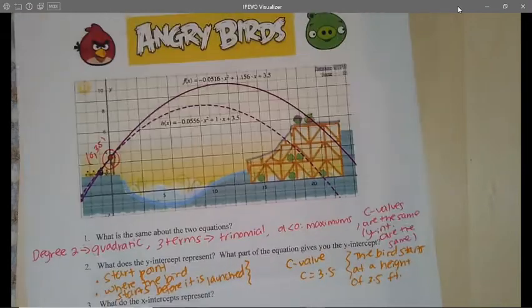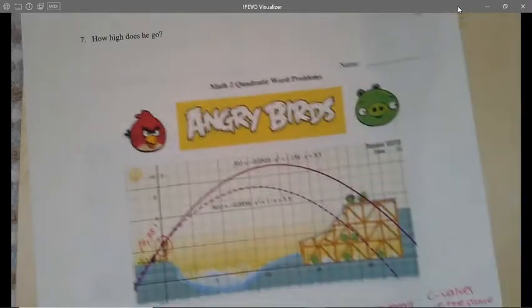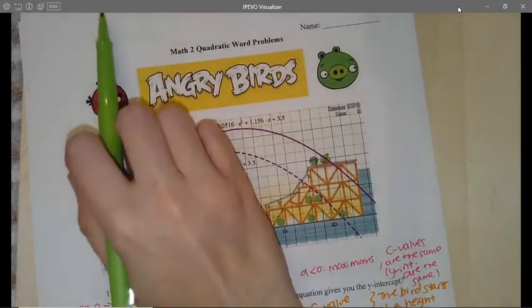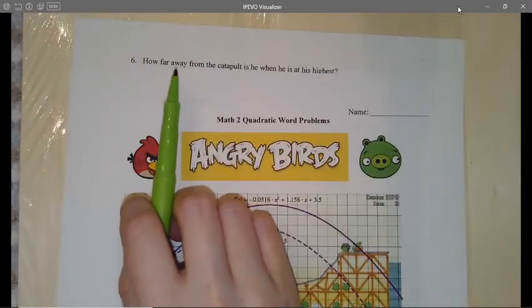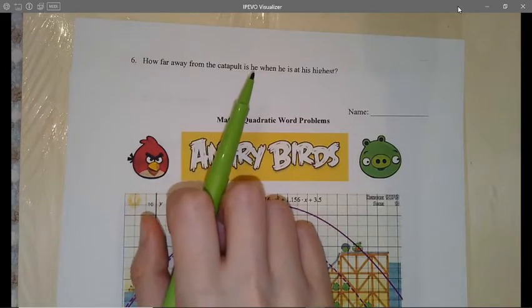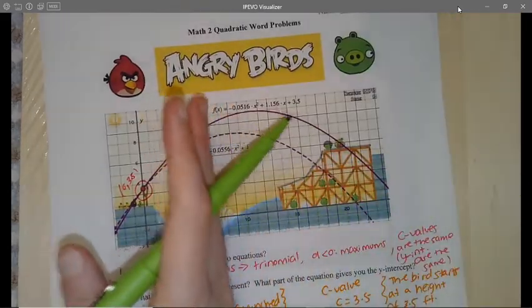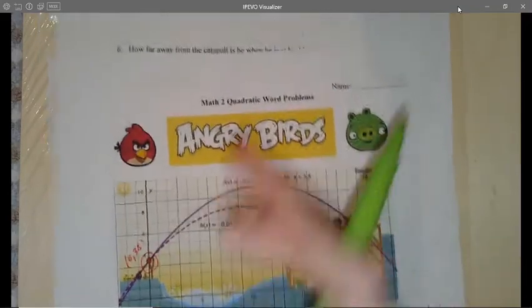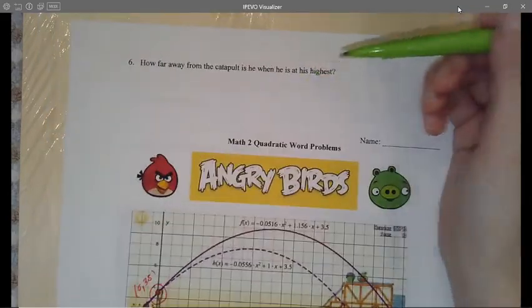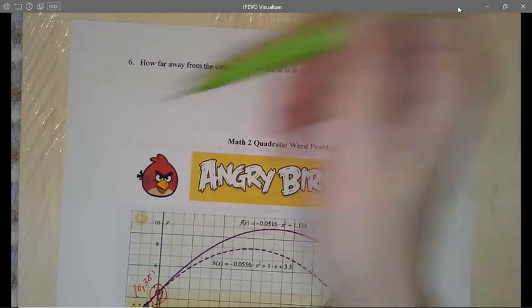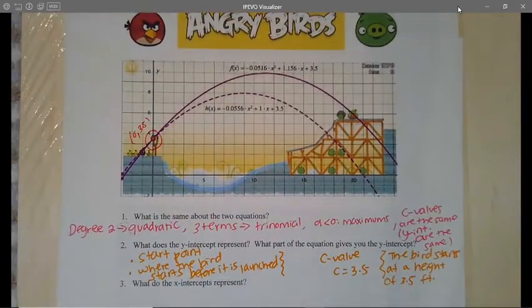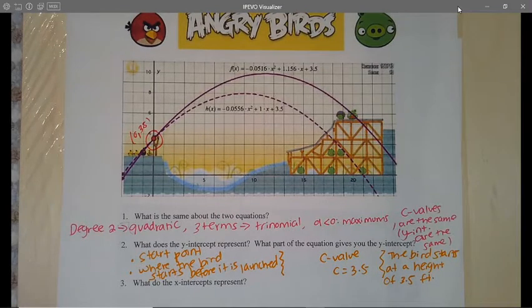Looking at the problem, it doesn't seem like that. If you flip the page, it says how far away from the catapult is he when he's the highest. So since the x is representing the horizontal distance, that problem helps you to know that this is talking about length, not time. Again, this problem wasn't very descriptive. It wasn't very helpful at the start. You kind of had to look ahead to figure out what's going on.